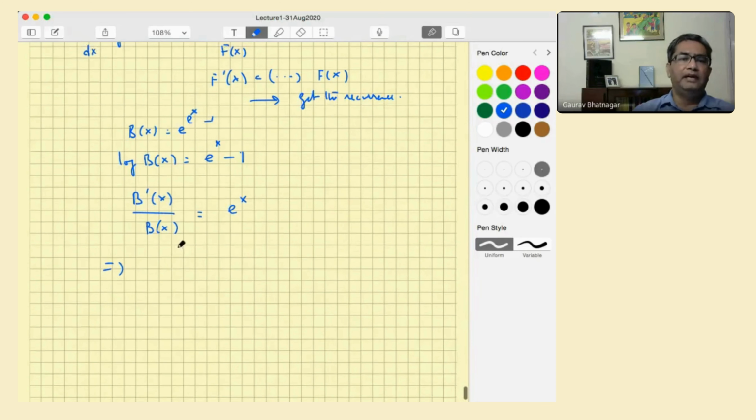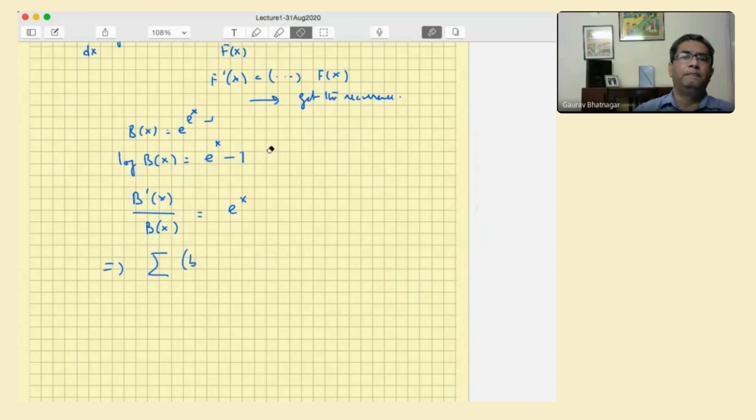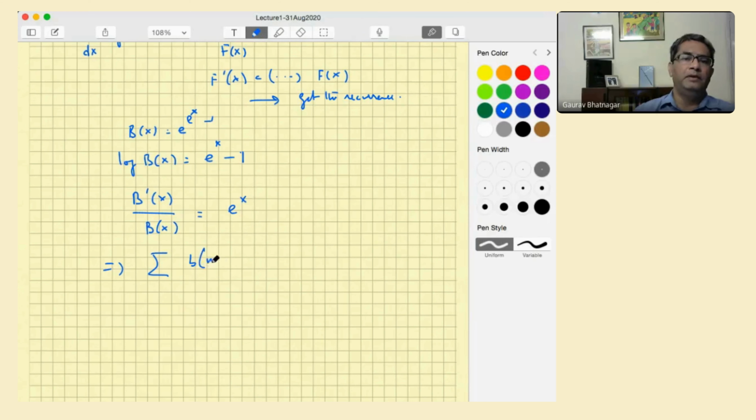So what is b prime of x? It is the derivative of the sum of b of n x to the n over n factorial, since we had an exponential generating function, so n goes from 1 to infinity.